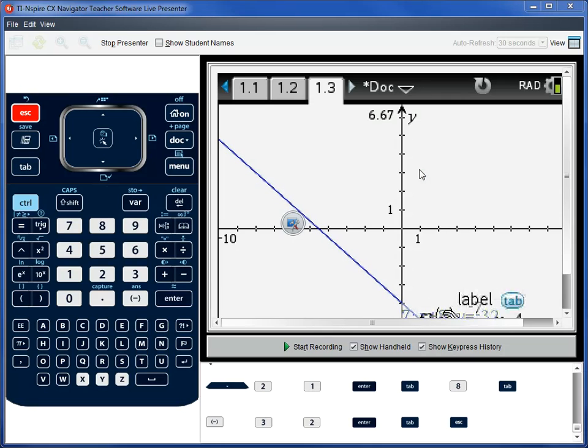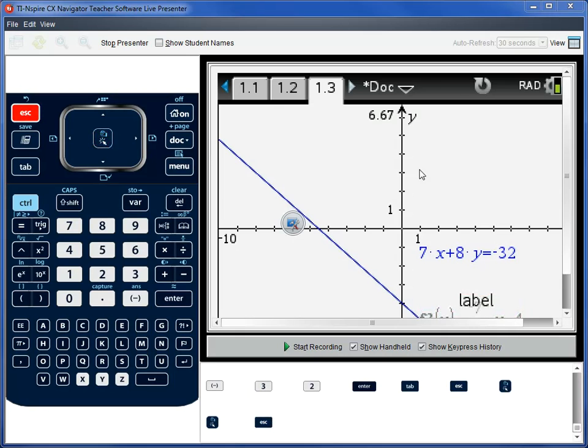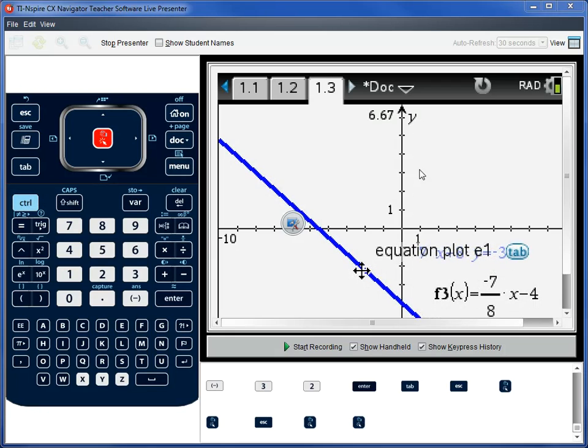I'm going to move these labels. I'm going to click and hold, drag that out of the way. That was my standard form. And escape, click and hold, drag that out of the way a little bit. And that was my slope-intercept form. And we can see that they are graphed in the same place. They represent the same line.